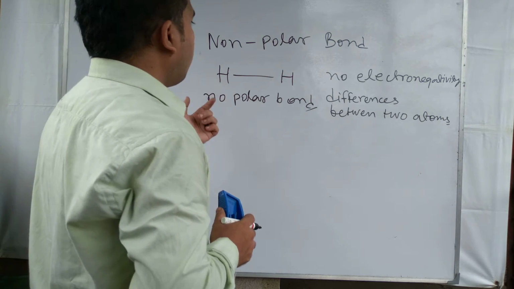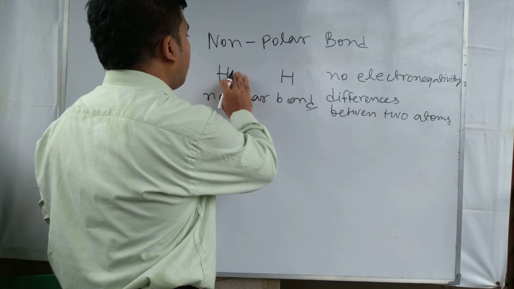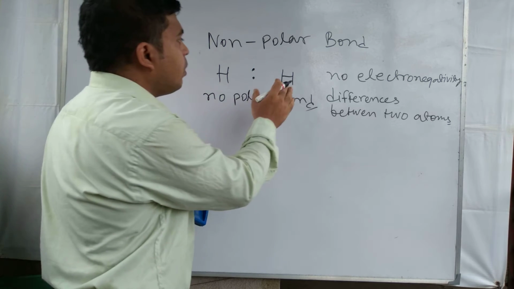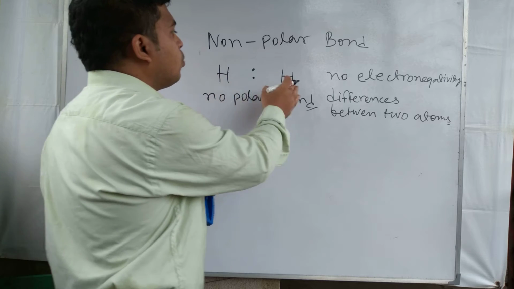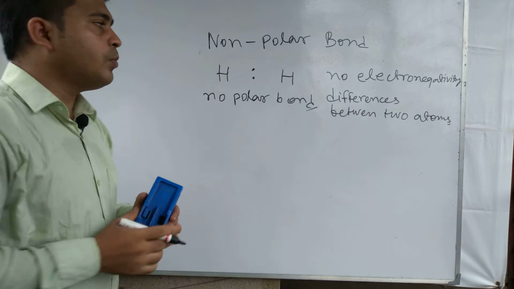Here the electron pair of this bond is equally distributed to each hydrogen atom.